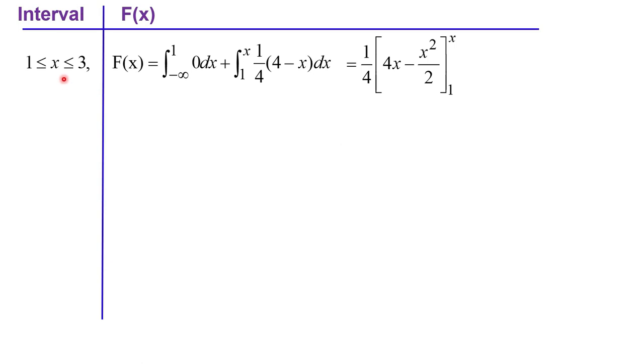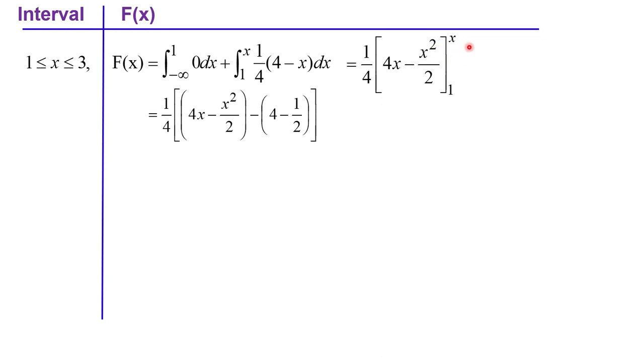Now we continue. F(x) is 1 over 4 times (4x minus x squared over 2) from 1 to x.